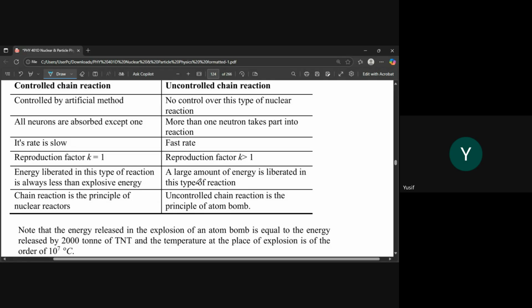Just that we are humans. An accident can happen. In as much as safety precautions are there, anything can happen. But it is one of, let me say, the cheapest energies, because a very small amount of uranium can be used to produce a whole lot of energy for a very long time.